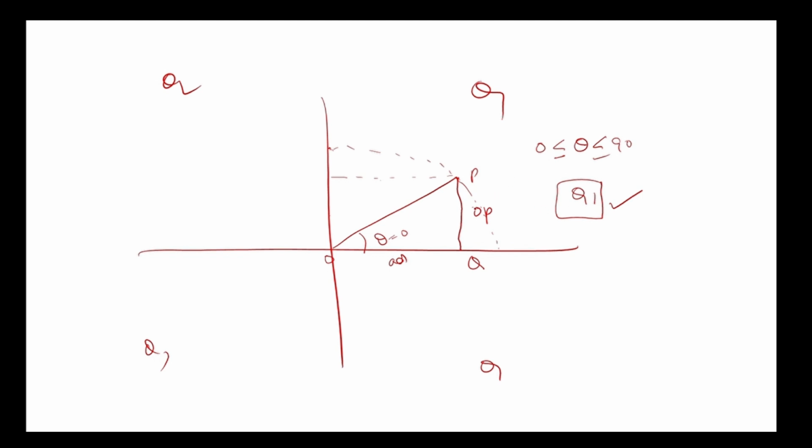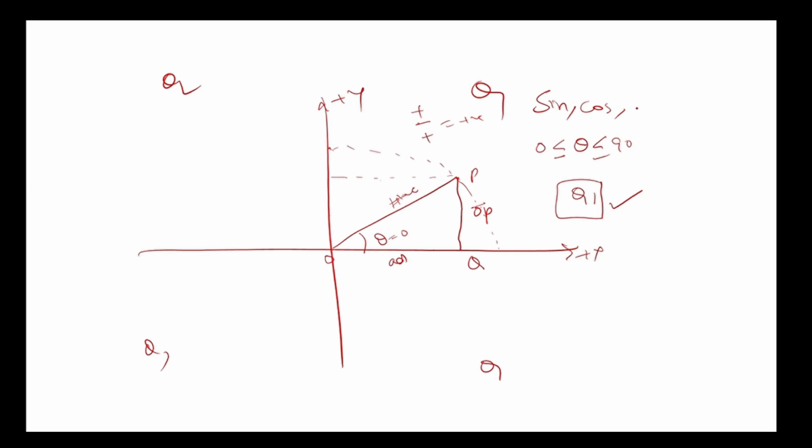Now here in both, for example, the opposite side is along the positive y-axis, the adjacent side is along the positive x-axis, and the hypotenuse is always positive. So all three sides are positive. Sine is opposite side by hypotenuse, positive by positive, so it is positive. Cos is adjacent side by hypotenuse, again positive.